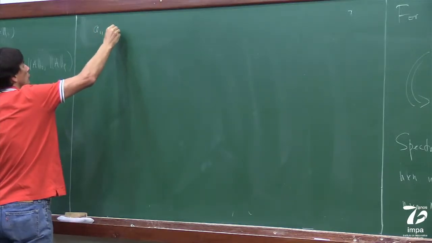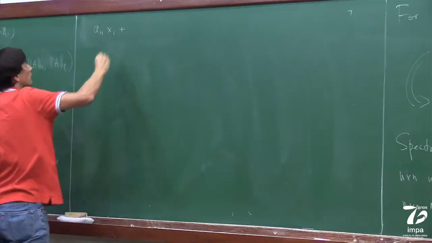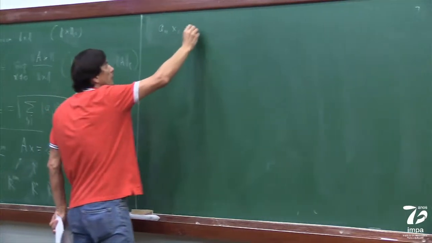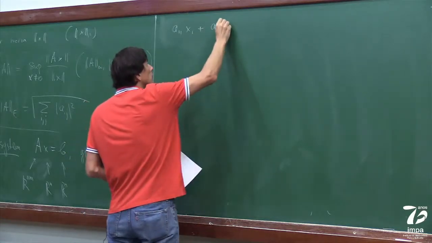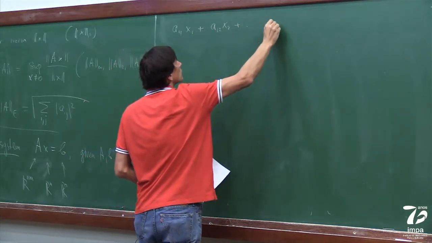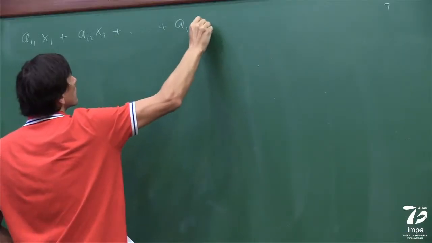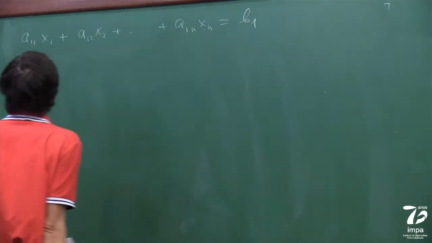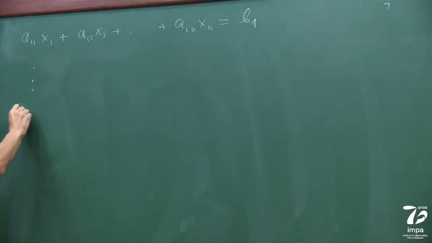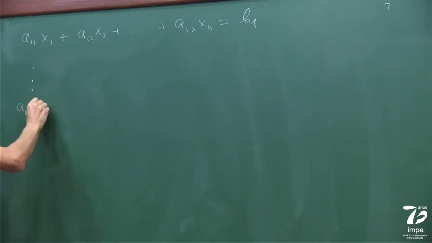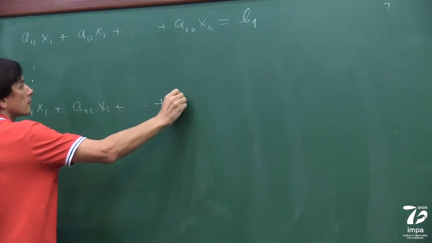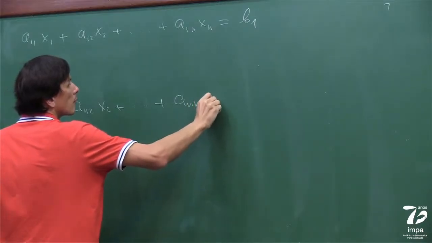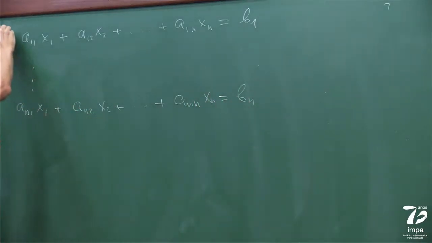So if we write it in component form, it will be A11 x1 plus A12 x2, and so on. That is the system that we need to solve.